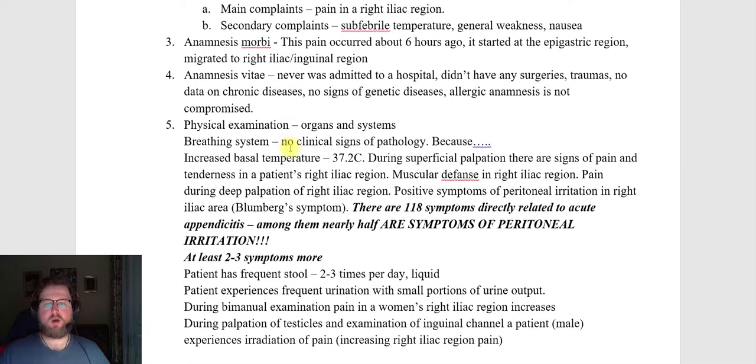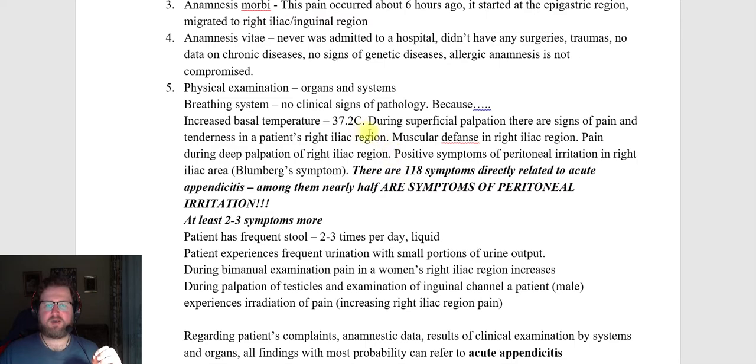First thing that comes to our mind, the most prominent symptom which gives us the basis to suspect that there is acute appendicitis, it's these abdominal symptomatics. So we see clearly that this patient has muscular defense, he has pain in his abdomen and in a specific region of his abdomen. This pain increases during deep palpation.